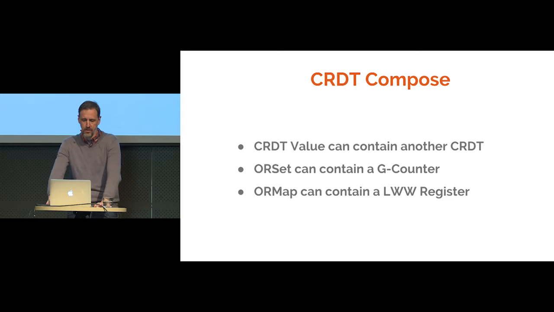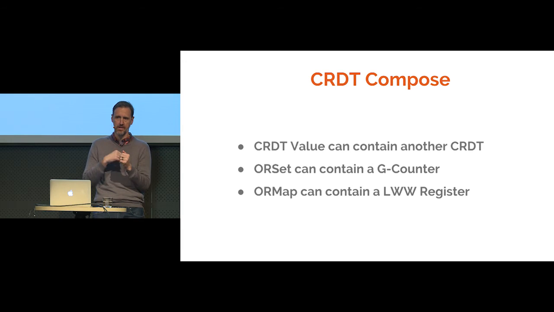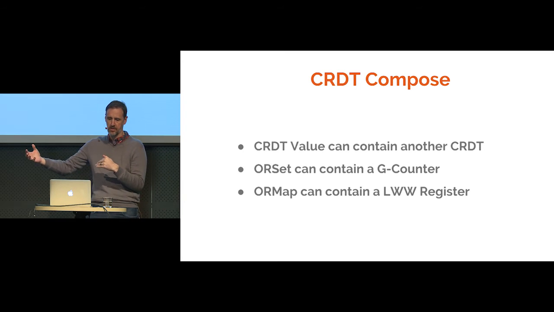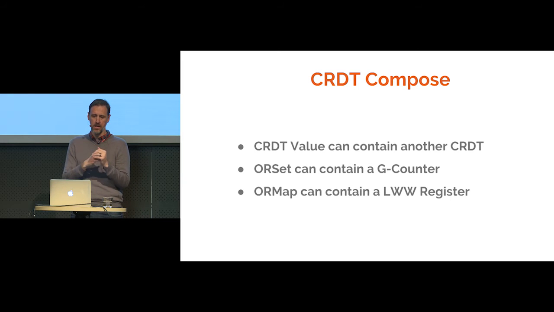One of the most powerful concepts around CRDTs is that CRDTs compose. This is what's really interesting about a CRDT: a CRDT value can contain another CRDT. So I have something like an observed-remove set. Well, that observed-remove set could actually contain a grow-only counter. And because these CRDTs compose, I can have nested CRDT data types and compose those data types together.